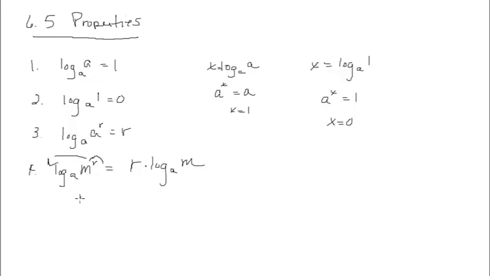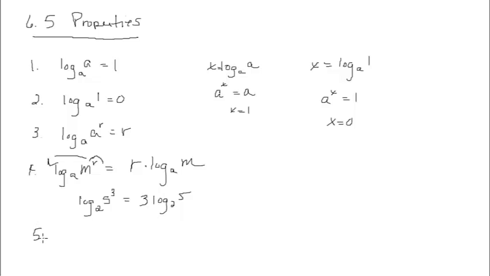For example, if I had log base 2 of 5 to the third power, that's the same as 3 times log base 2 of 5. And I think that rule makes rule number 3 make a little bit more sense too. Since we know log base A of A is 1, when you bring that r down as a coefficient, you would just have r times 1, which is r.